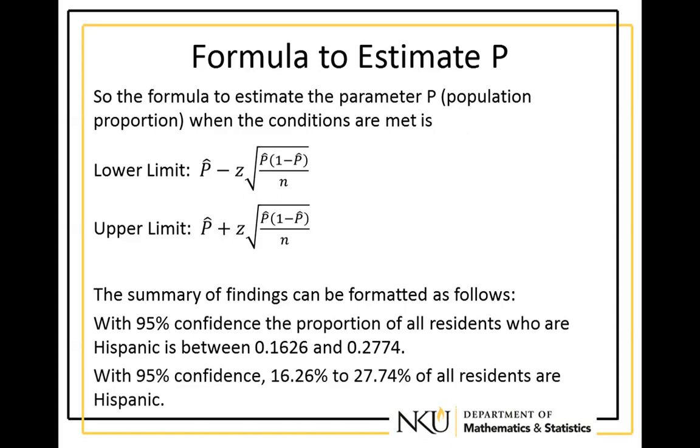Another way to state this is to convert the proportions to percentages and say, with 95% confidence, 16.26% to 27.74% of all residents are Hispanic. Notice in the summary, we are extending what we found to the population of all residents.